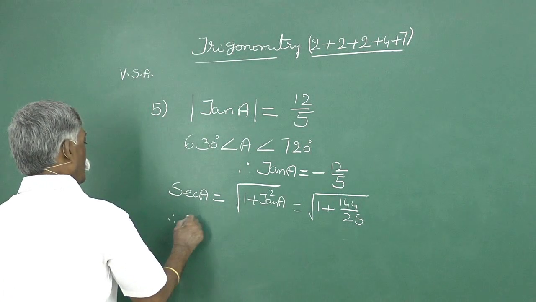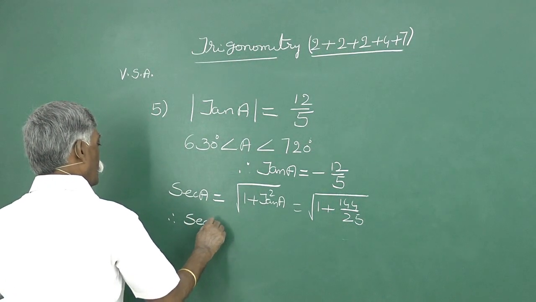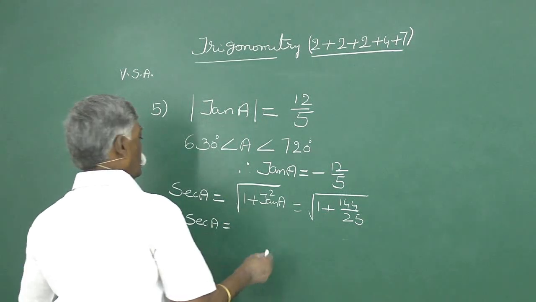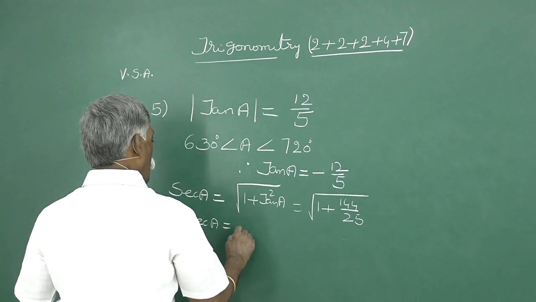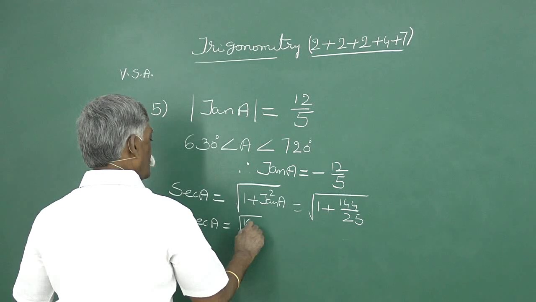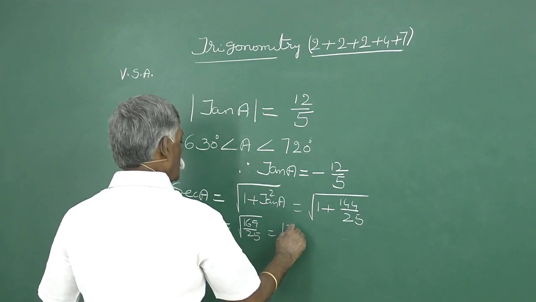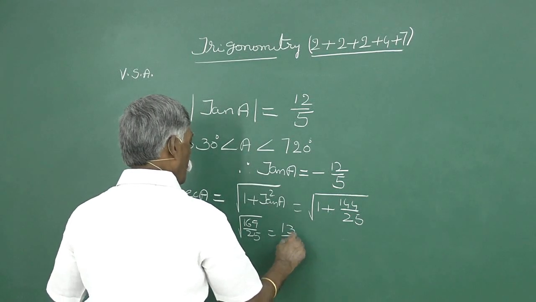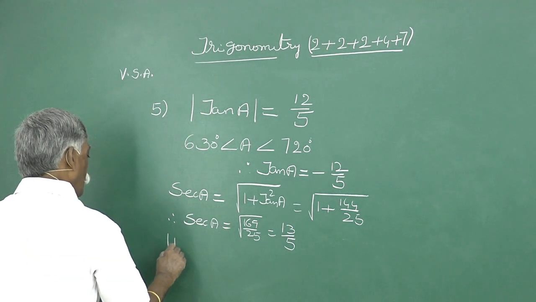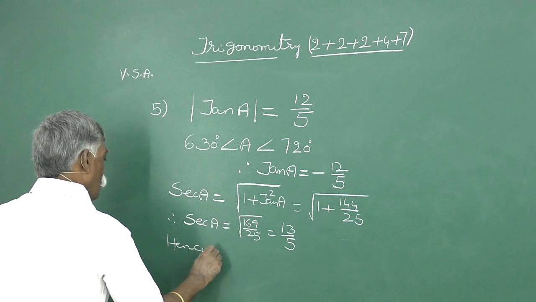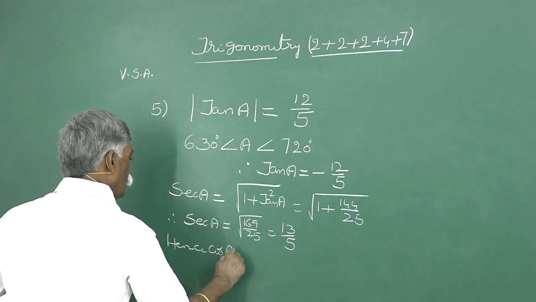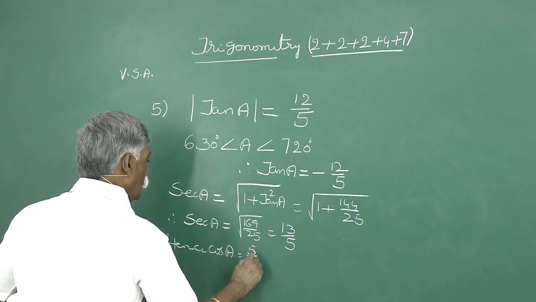Therefore secant A is equal to square root of 169 by 25, which is 13 by 5. Hence cos A is equal to 5 by 13.